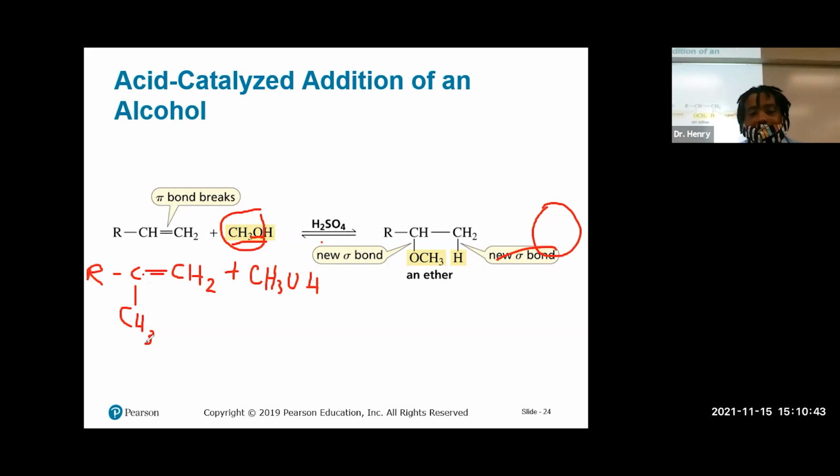Okay, it's going to be an ether again, yeah. Is it going to be a primary ether? It's going to be a tertiary ether? It's going to be a secondary ether. It's going to be tert, right? So it's going to be added on here, right?